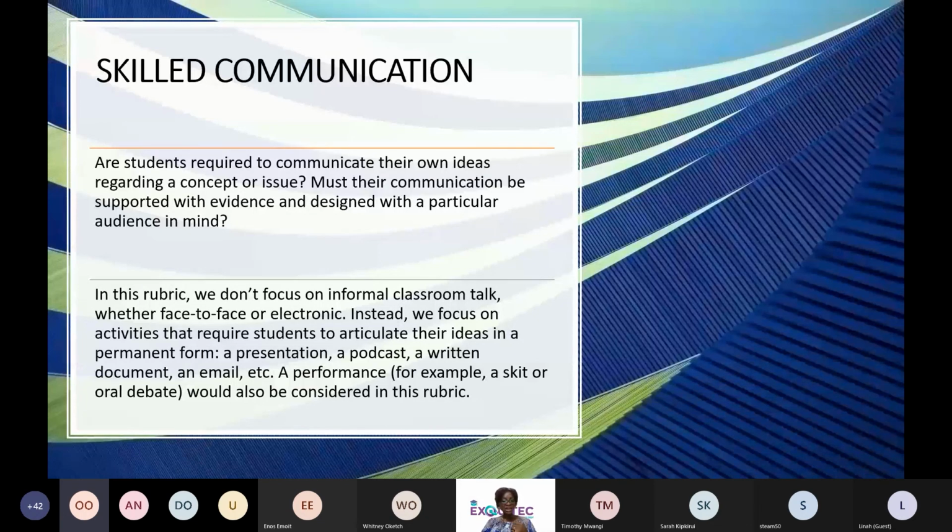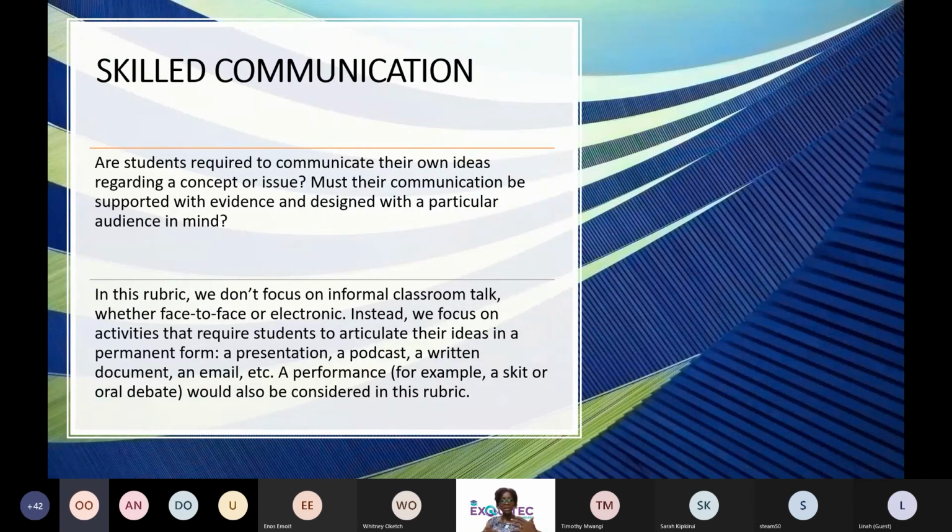So either a presentation, a podcast, a written document, an email, a performance, so you're asking them to present their ideas in a form, in a medium, not just the normal classroom talk that is being done.